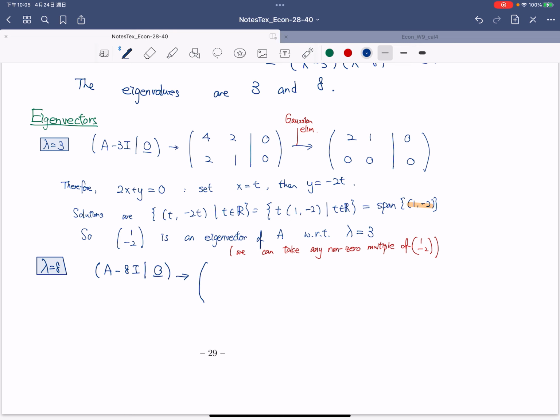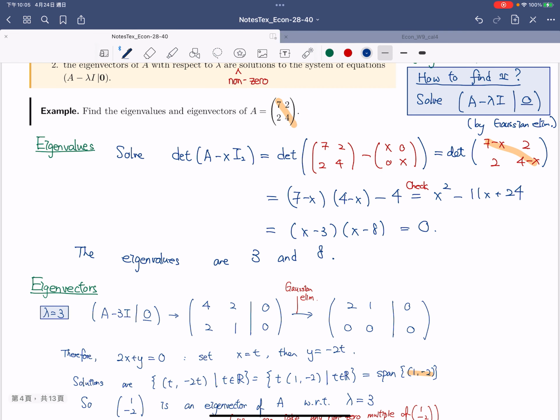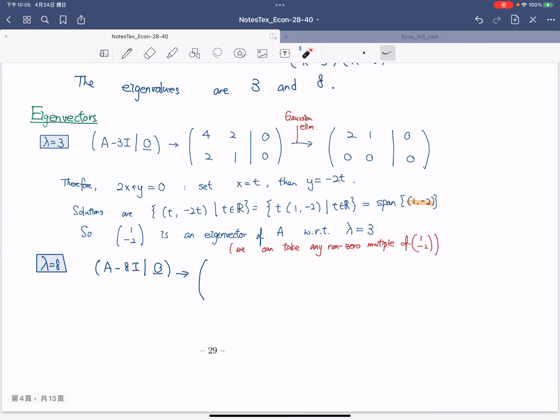So A minus 8I, so I subtract 8 from the diagonal entries, so I get minus 1 and 4, and then 2, 2. And the zero vector on the right, so 0, 0. And then if you apply Gaussian elimination, so check, okay? You obtain minus 1, 2, 0, 0, 0, 0.